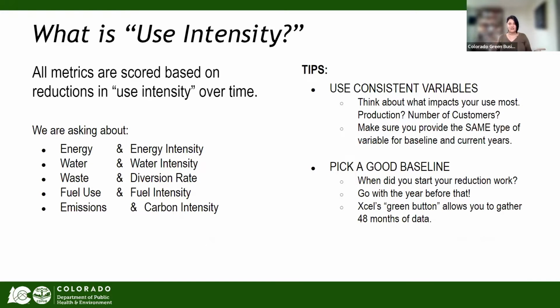So it's going to change based on your operation, and you get to pick the use intensity formula that you give us, and we'll use whatever you give us to assign points based on reductions over time. The important thing is that you use the same type of variable between your current year and your baseline year so that we have an apples to apples comparison.